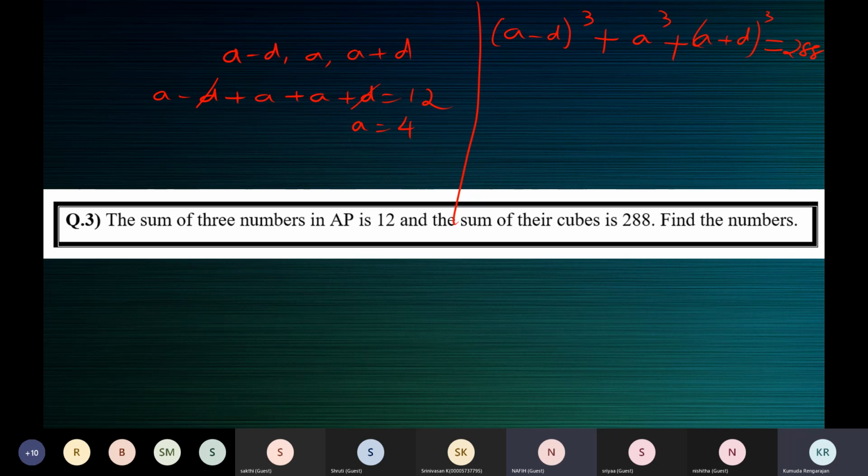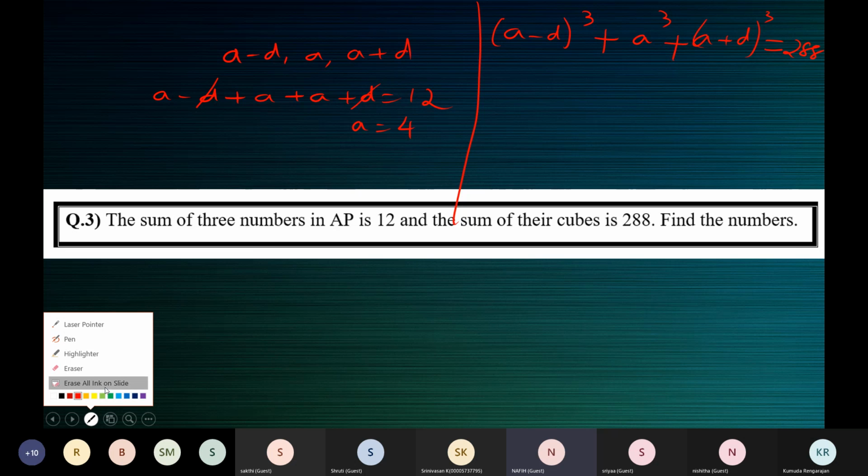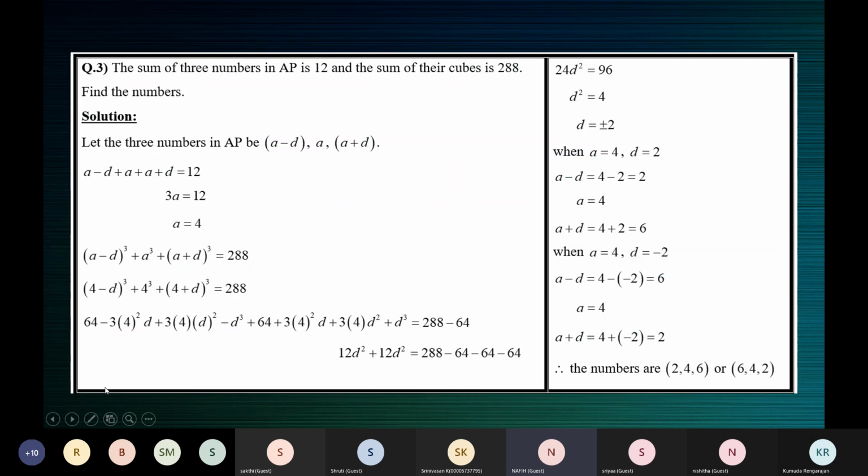Add them, equate to 288, and find the numbers. Please work, children.